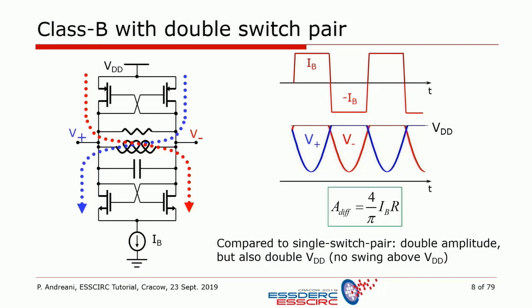The oscillation voltage is stuck between ground and VDD, while in the previous case, it could ideally swing all the way from ground to twice VDD. So it's better for the usage of the current, but less efficient in the use of the voltage. And this will be used later on.